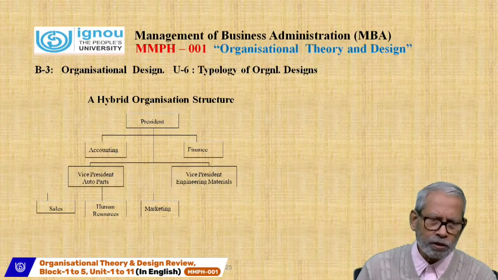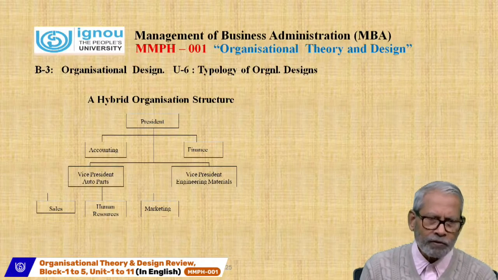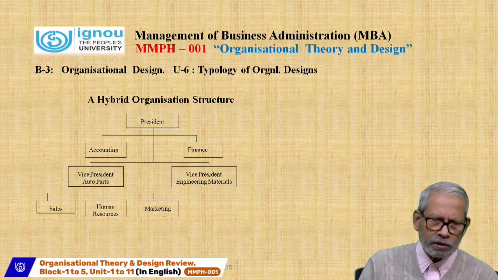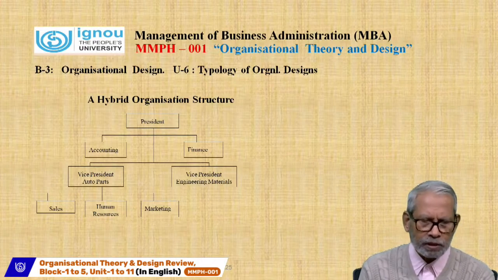This is a combination, a hybrid. The accounting part and the finance part are there, and everywhere different vice presidents, auto part and engineering part. So there is some sort of hybrid nature, with sales, human resource, marketing, like this.